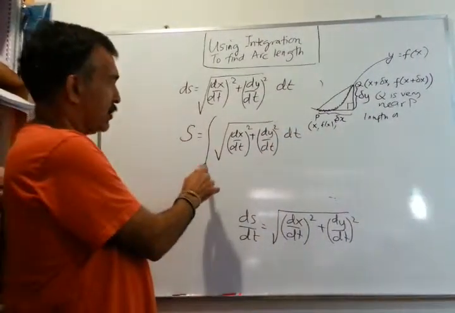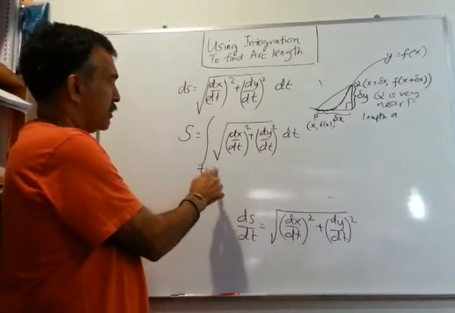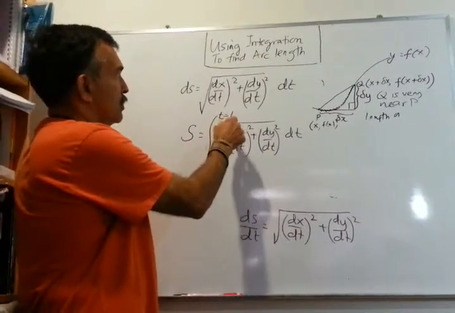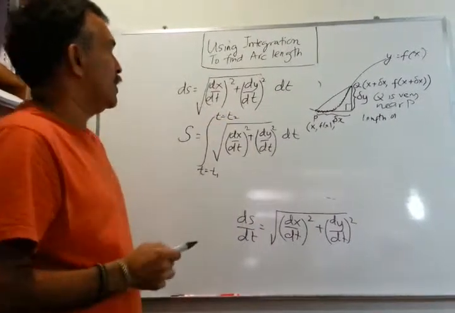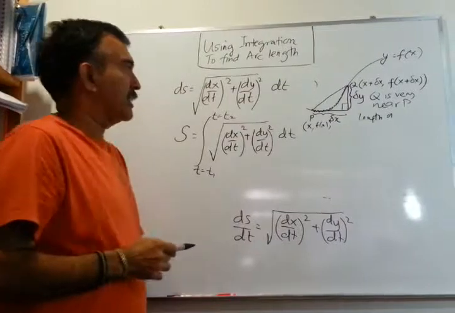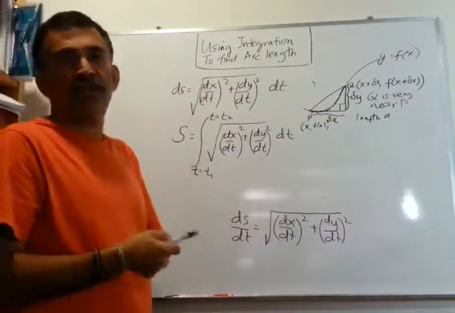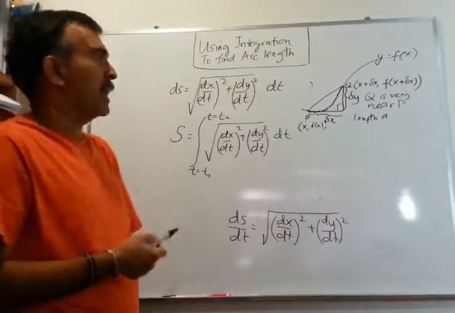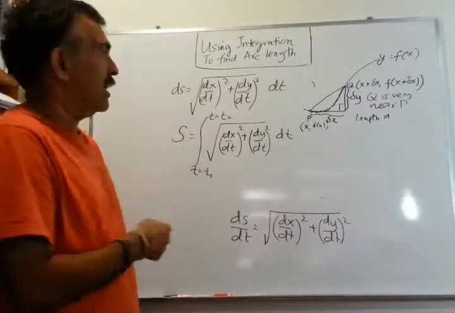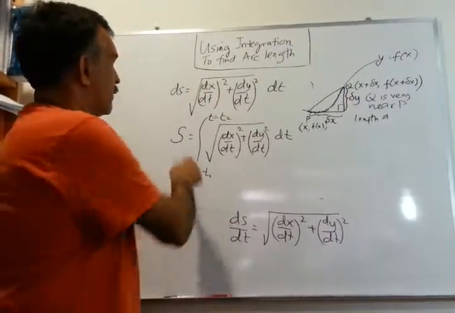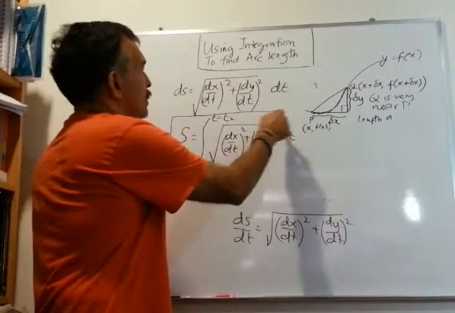Careful, these limits are values of t, so t equals t1 to t equals t2. So if the equation of your curve is given in parametric form, and you're asked to find an arc length, this is the formula that we will use.